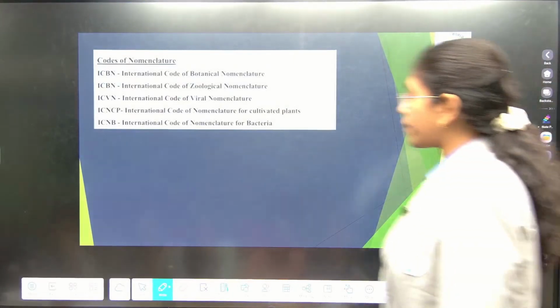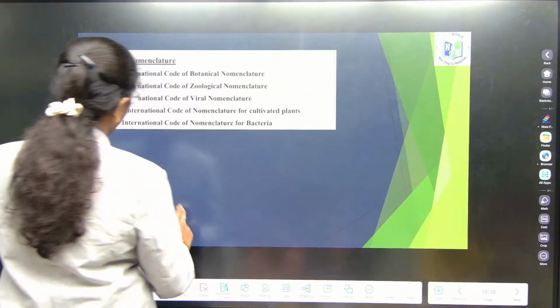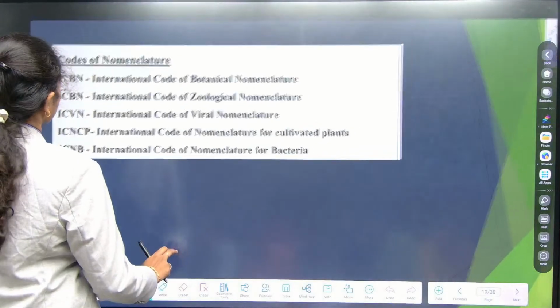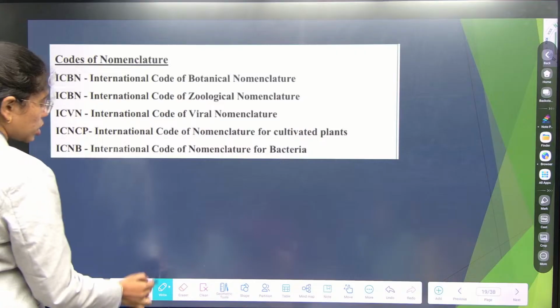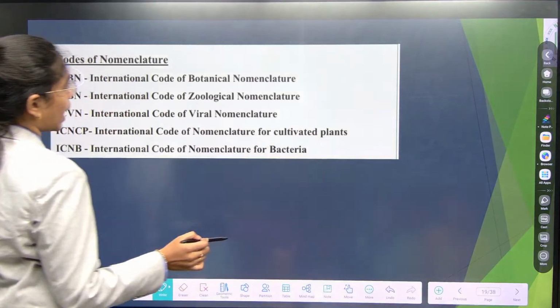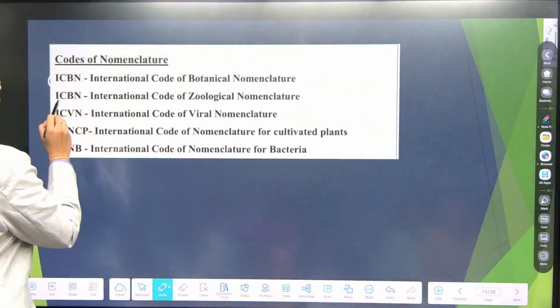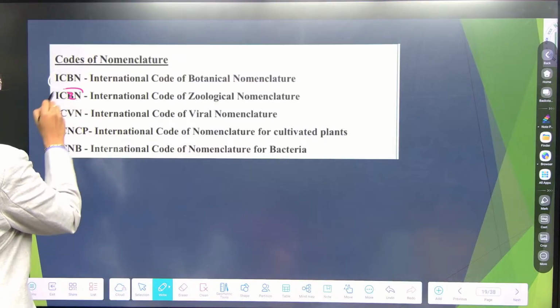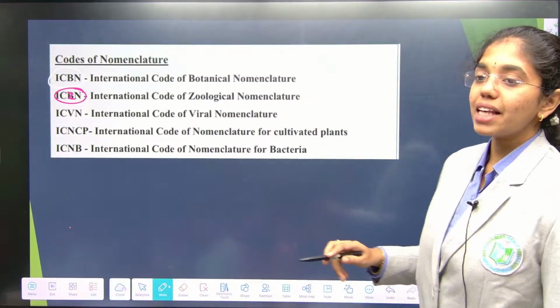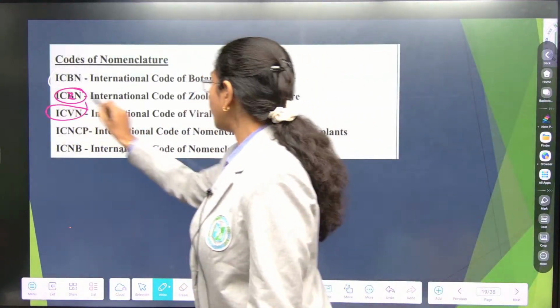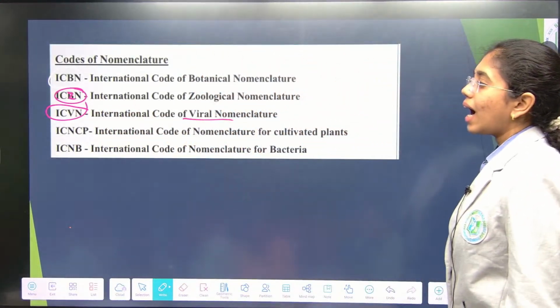These codes are very important. Codes for nomenclature. First is ICBN, which is International Code of Botanical Nomenclature. Next is ICZN, International Code of Zoological Nomenclature. ICVN, International Code of Viral Nomenclature.